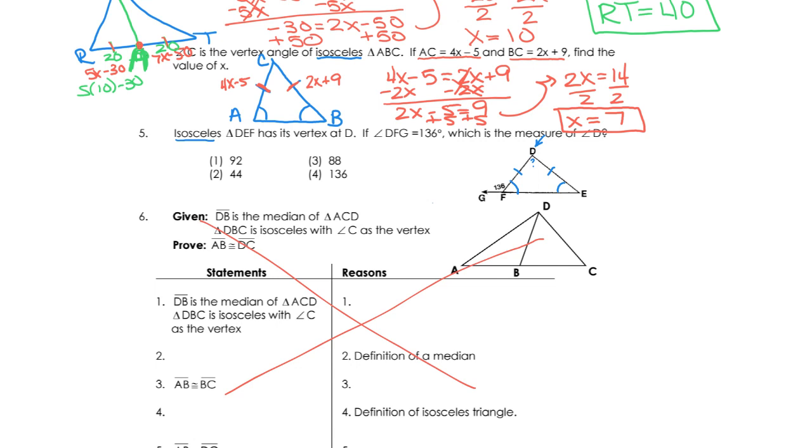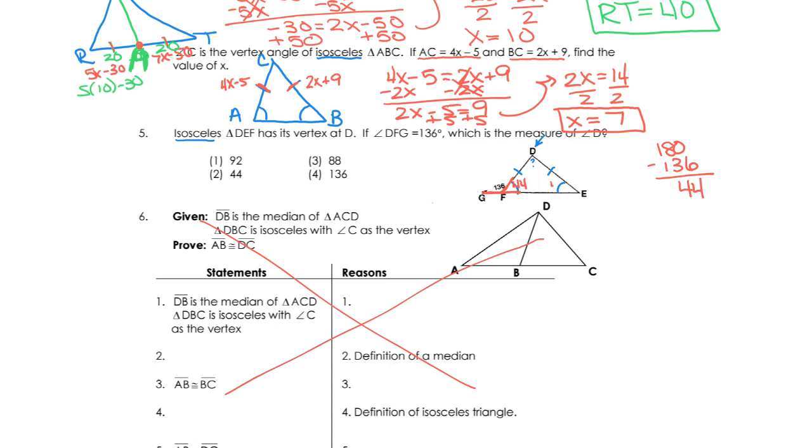Okay. So right here, I see a linear pair. The exterior angle and the interior angle, there's our linear pair. So we're going to take 180 degrees and take away 136, and we are going to be left with 44 degrees. And 44 degrees is going to go inside my triangle at the base angle.